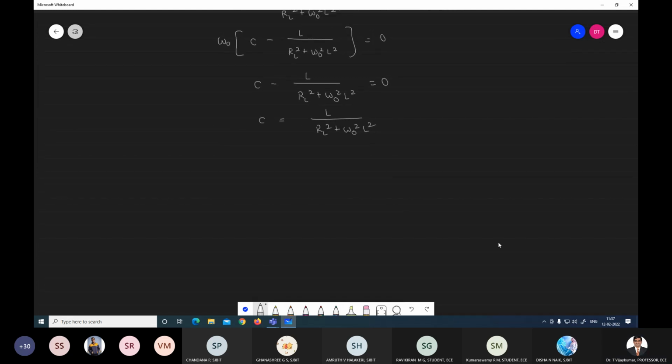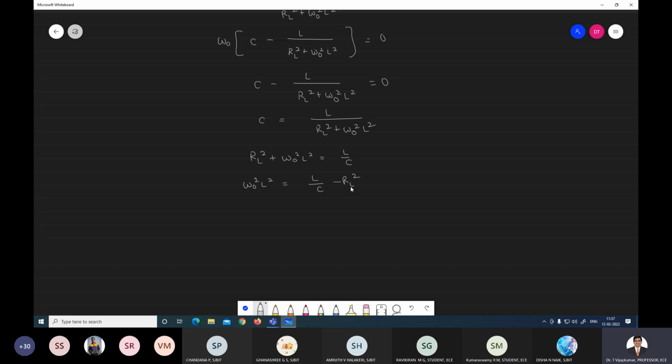Further, cross multiply, then we get RL square plus omega naught square L square is equal to L by C. We want f naught, therefore retain the omega naught square L square term and transfer the remaining term to the right side.